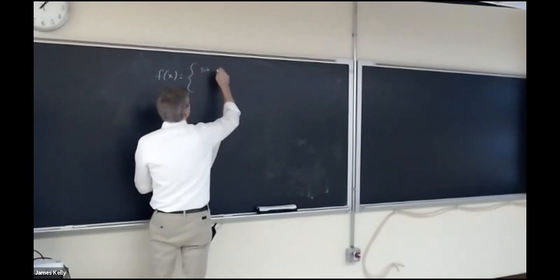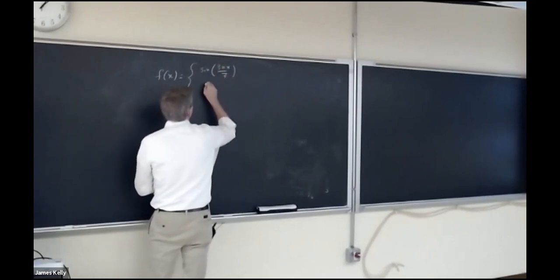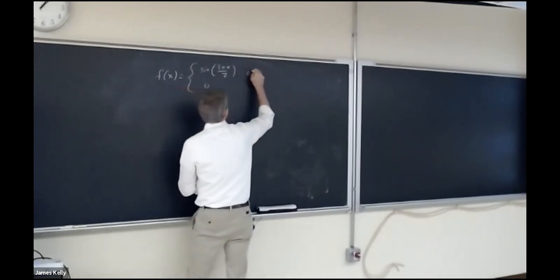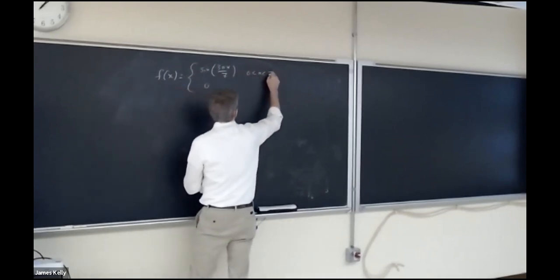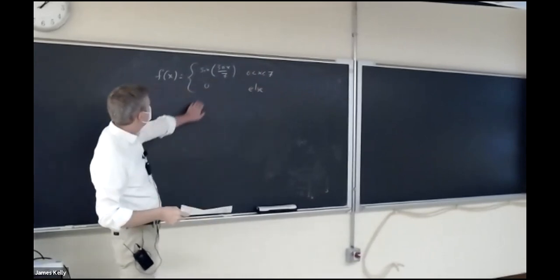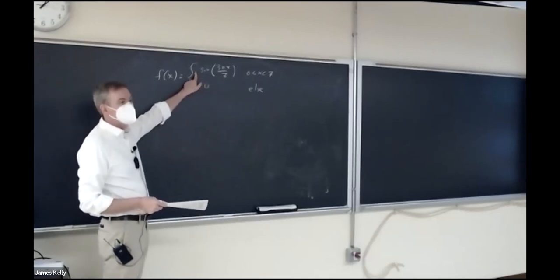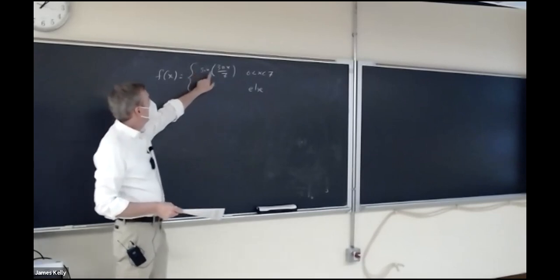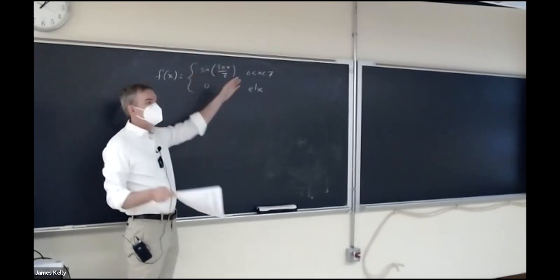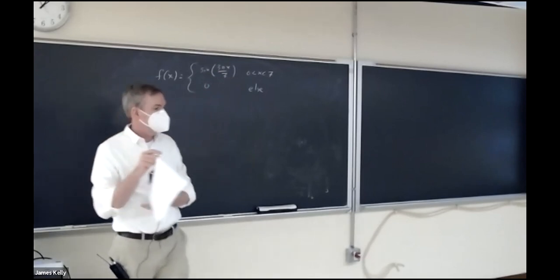Sine of 3 pi x over 7 for x between 0 and 7, or 0 everywhere else on the x-axis. I mean, that kind of looks like our infinite square well, one of our energy eigenfunctions, except I didn't bother putting in the normalization factor. And it looks like it corresponds to n equals 3 on a well of width 7, between 0 and 7.